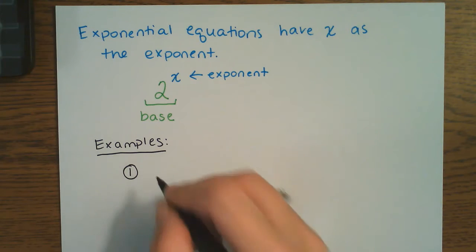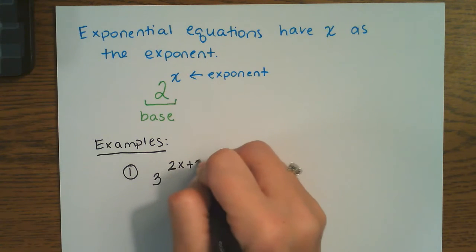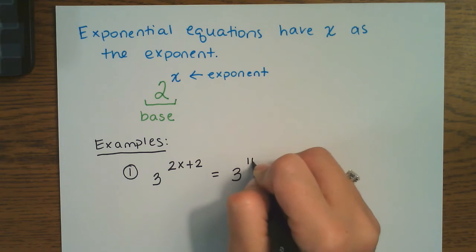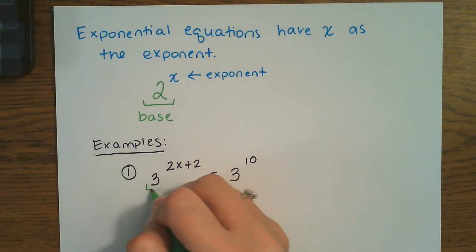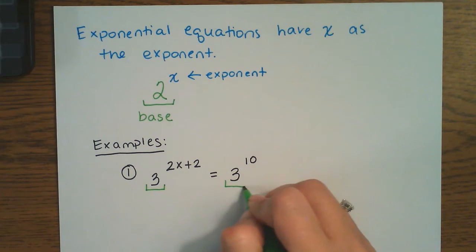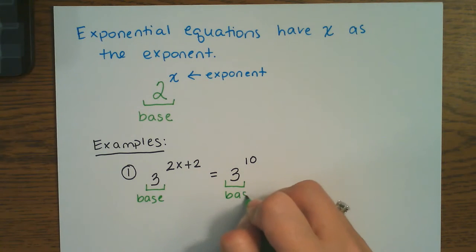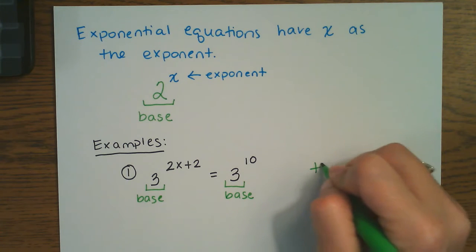So we'll go ahead and jump into some examples. 3 to the 2x plus 2 equals 3 to the 10th. So these numbers down here are your bases. In this example, the bases are the same.